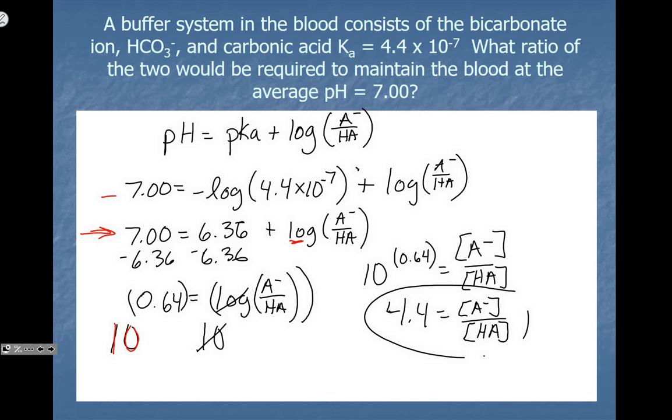If you take to the power of 10, the log and the power of 10 cancel. So 10 to the 0.64 I took over, and this becomes by itself. So I just brought that over here and put that in my calculator. That's the ratio I have to have. Basically, that's saying for every 4.1 or 4.4, I get one of those, one acid. Yep.